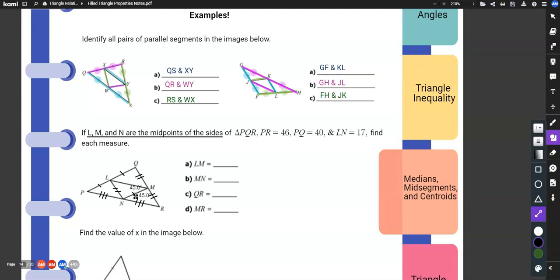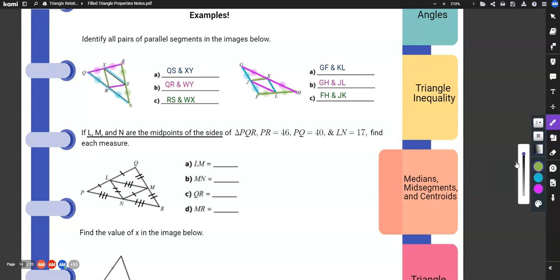So it is going to be one tick mark, just like LQ and PL. And finally, the third side, LM, is also a midsegment. So that means it is parallel to PR, congruent to PN and NR. This is good information to have.